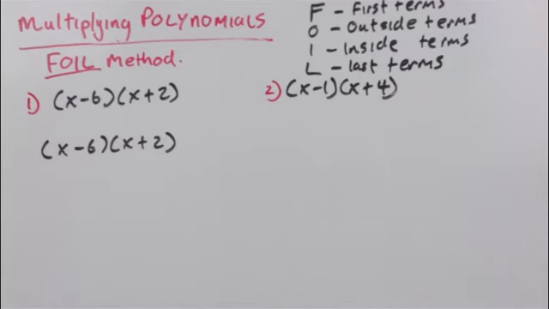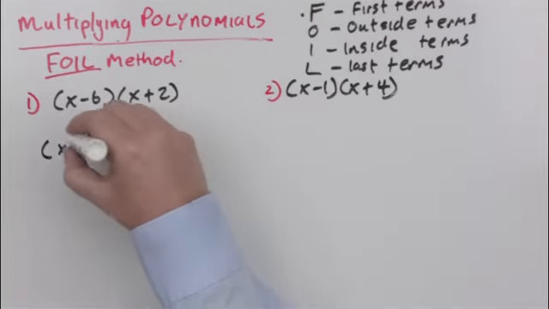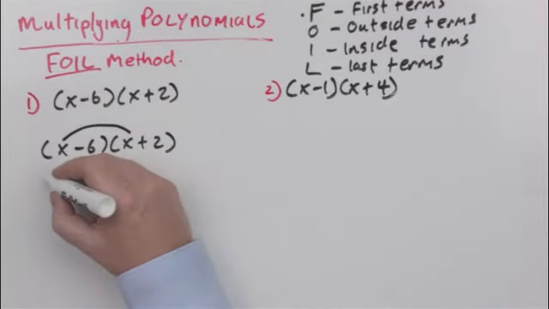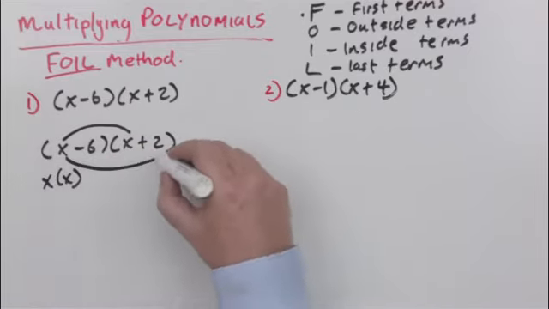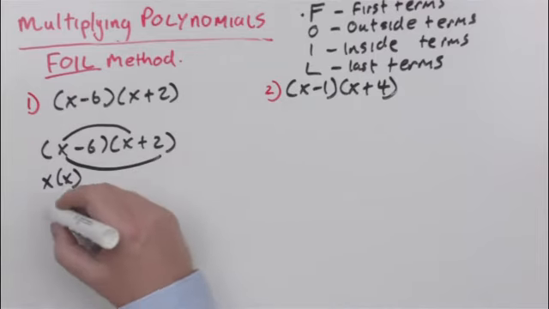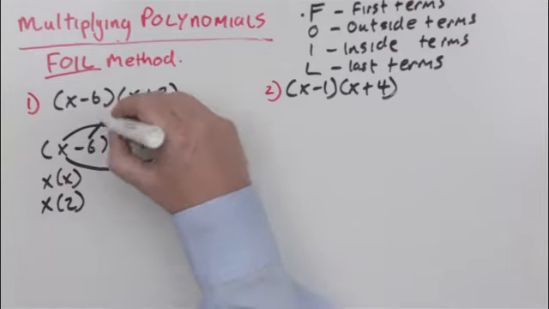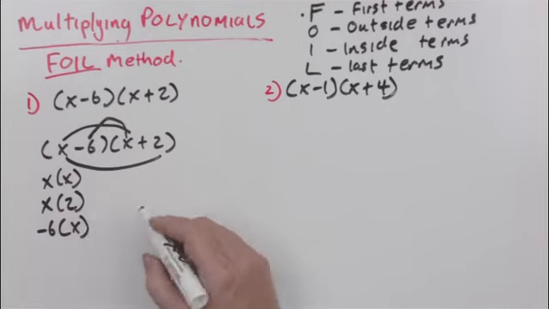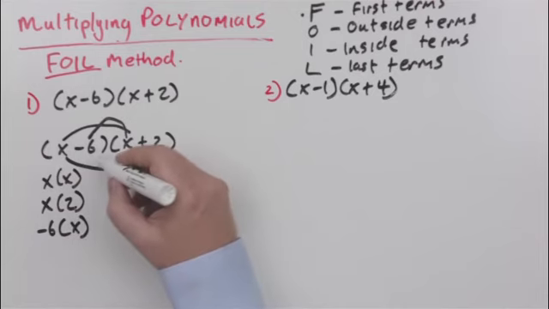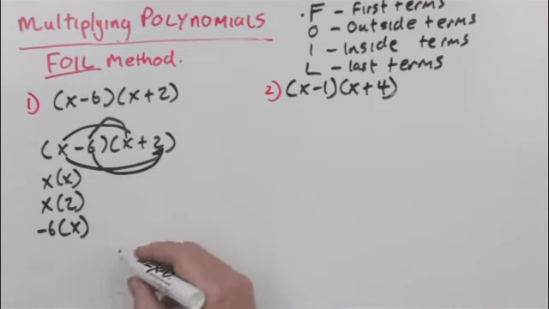The first terms would be the x and the x, the first terms in both these polynomials. So that's x times x. The outside terms are the ones on the outside of both polynomials, so that's x times 2. Then the inside terms, negative 6 and x. And then the last terms in both binomials, negative 6 times 2.